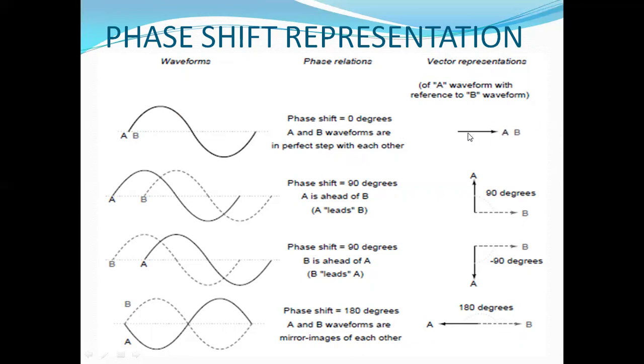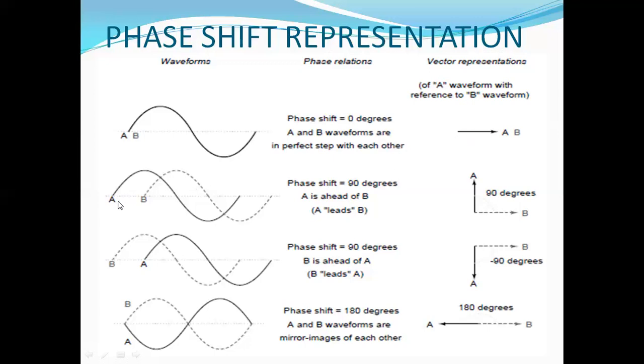This is A, and in perfect step with it is the B waveform, and the magnitude of both is again the same. That's why A and B have the same direction and the same magnitude, and the phasor representation is simply a straight line making an angle of 0 degrees with the 0 axis.